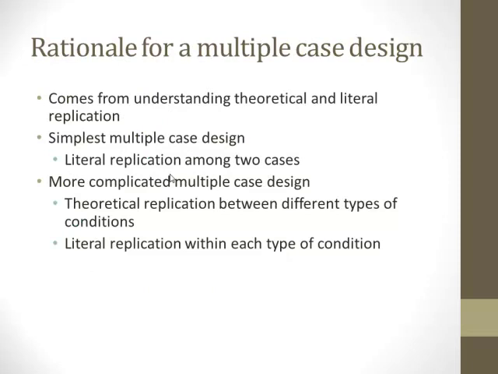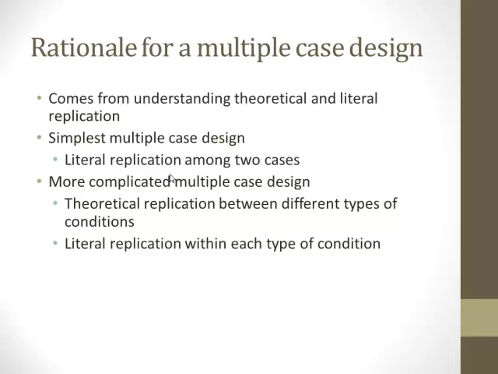One of the easiest ways to understand why multiple case designs are better is to understand what we get with multiple cases. We get literal replication, hopefully. We get results which are identical or very similar in 2 different areas. That's replication.